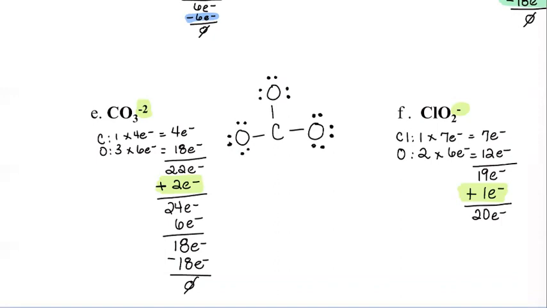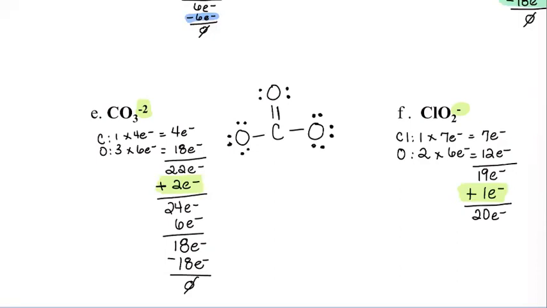Which oxygen? Exactly. Any of them. So CO3 is another one of those molecules that is going to have resonance structures. So you can propose any of the 3. I'm going to choose to erase these 2 and share them in. Okay. And this is the Lewis structure for this molecule.